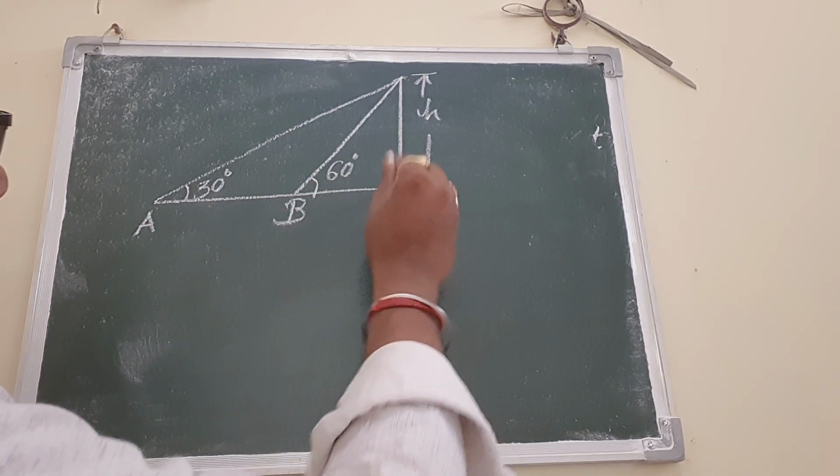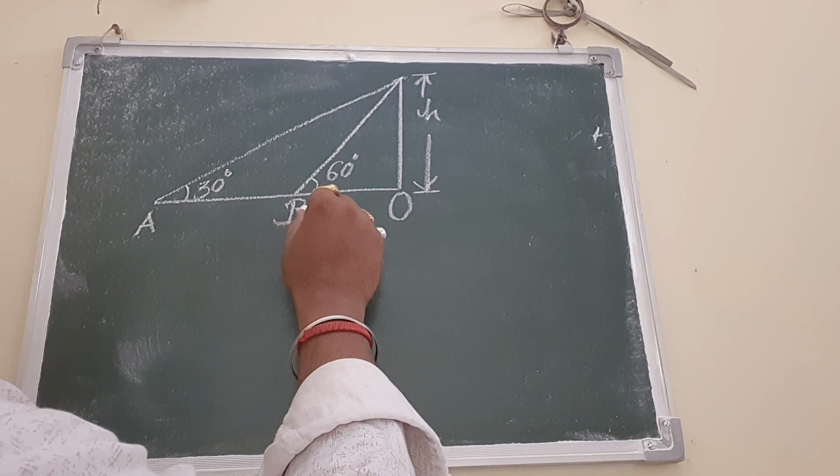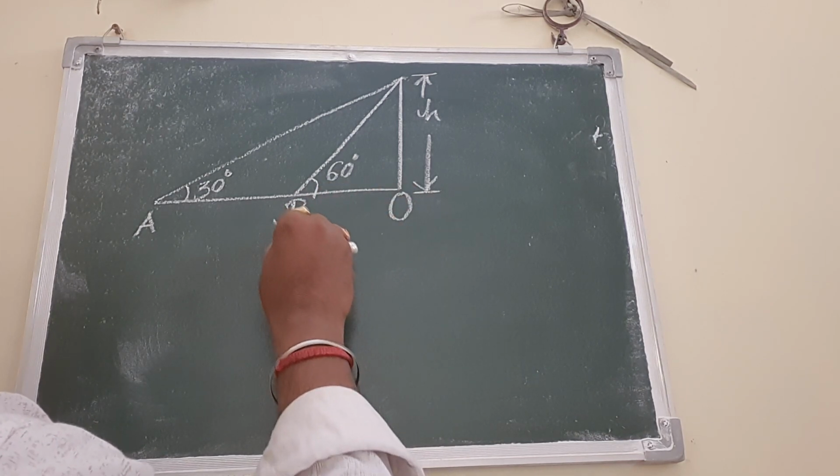Suppose the foot of the cliff is point O. So we have to find the time the ship takes to reach from A to O, and here the time it takes from B to O is 3 seconds.